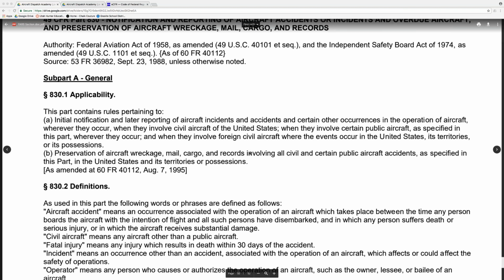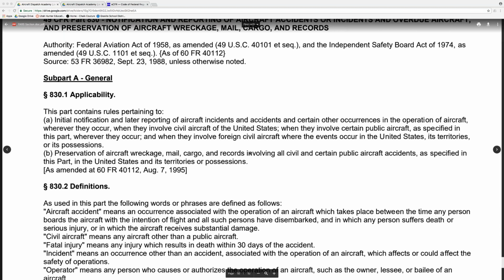This part contains rules pertaining to: A, initial notification and later reporting of aircraft incidents and accidents and certain other occurrences in the operation of aircraft, wherever they occur, when they involve civilian aircraft of the United States, when they involve certain public aircraft as specified in this part, wherever they occur, and when they involve foreign civil aircraft where the events occur in the United States, its territories, or its possessions.